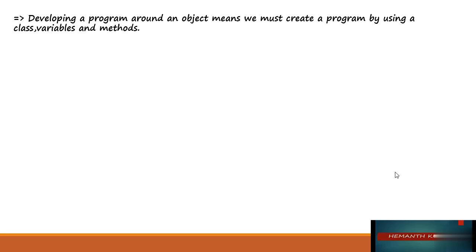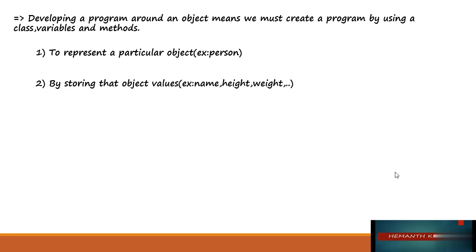Developing a program around an object means we must create a program by using a class, variables and methods to represent a particular object, for example a person, by storing that object's values. Object values are things like a person having a name, height and weight.